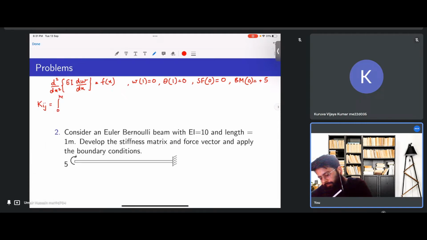We just write 1, since anyway it is 1 meter. So we have, I'm sorry, this is d square w by dx square, times weight function v times EI, then the second derivative of the primary variable.